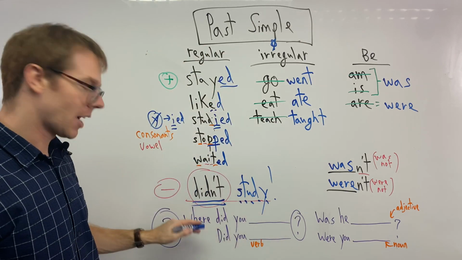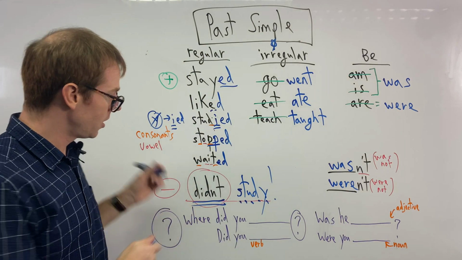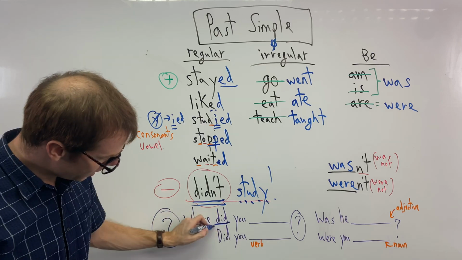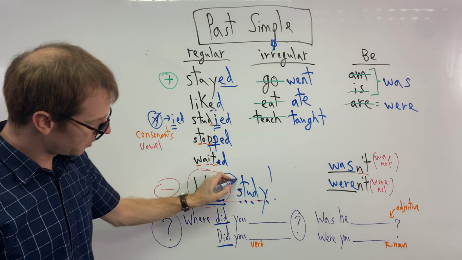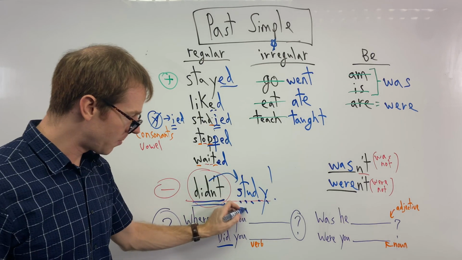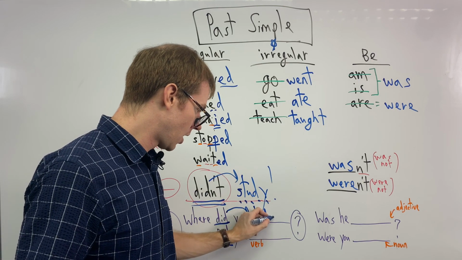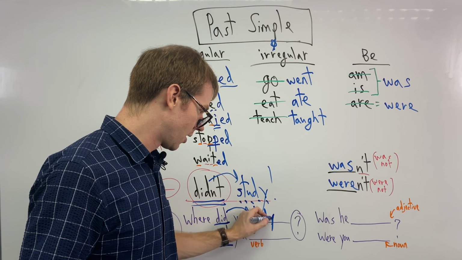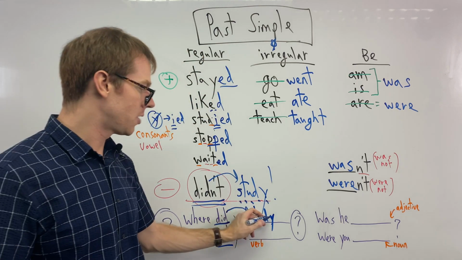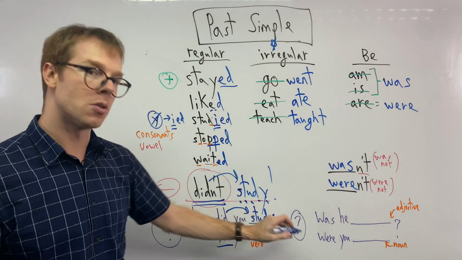And then last, questions. If we do a question, it's similar to the negative. We have our did. Didn't study, did you? Same idea. Where did you study English in your country? I studied English in Beijing. Where did you study?